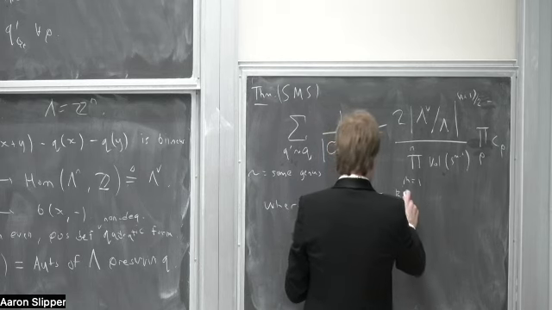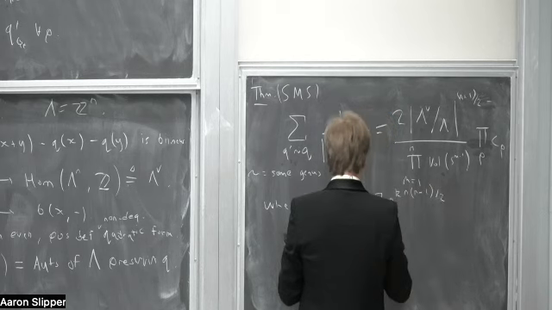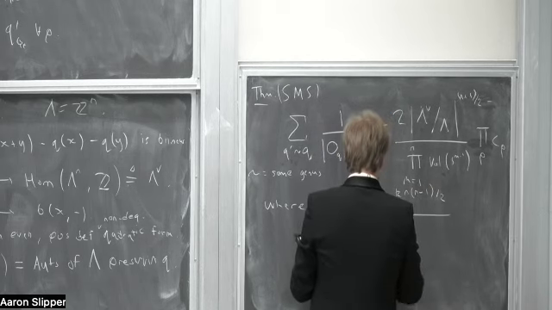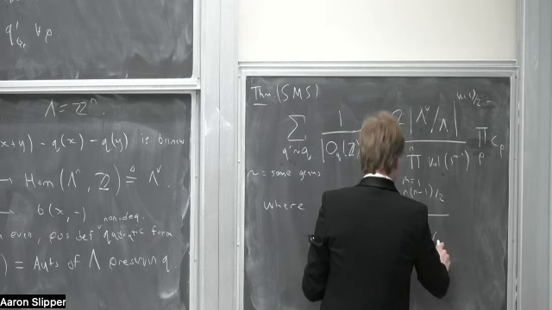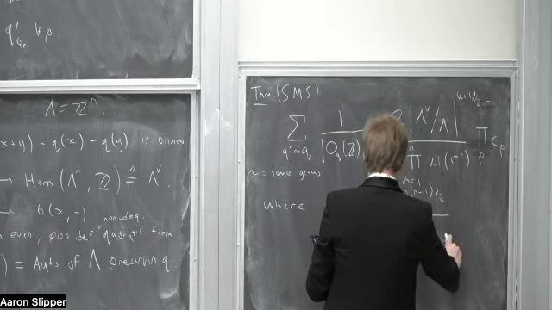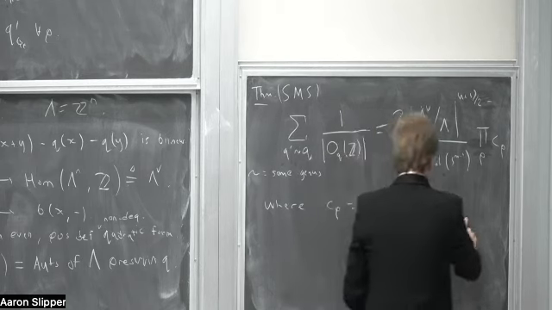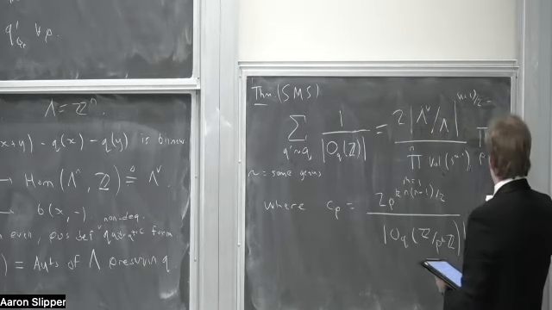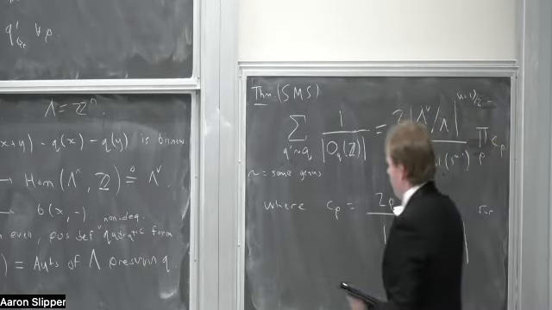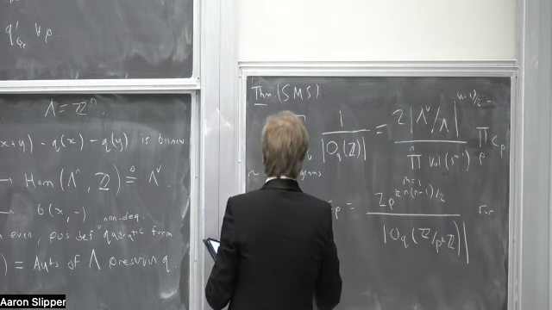Now this is an interesting point about the statement here. There's n minus 1 over 2 over, for every sufficiently large k.